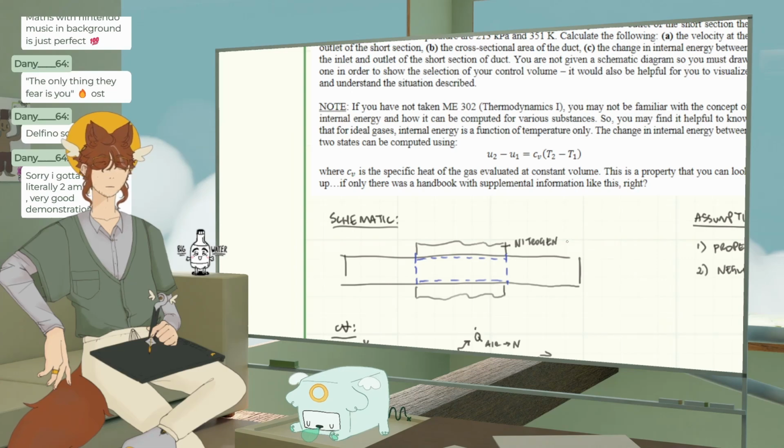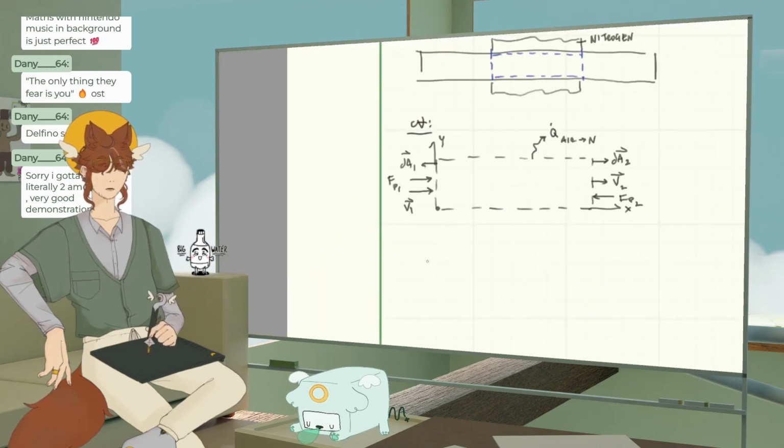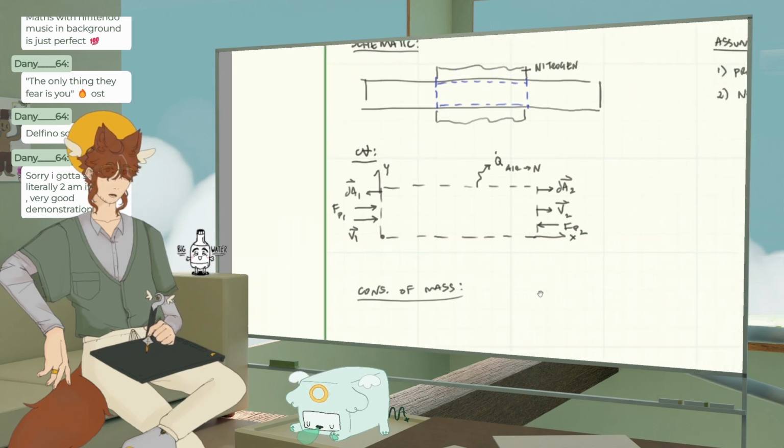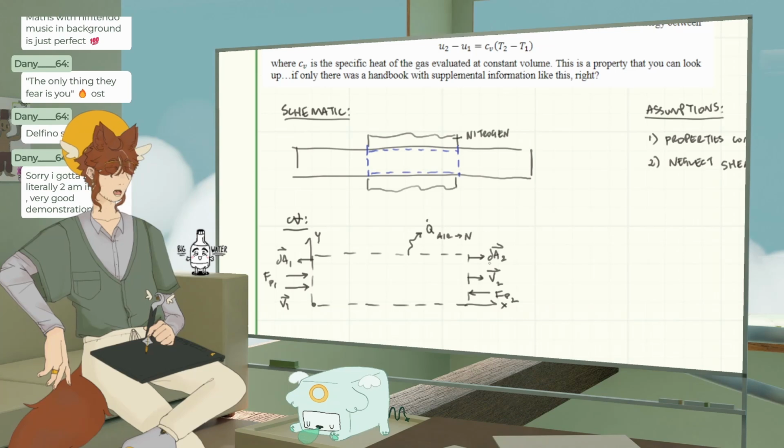Okay, we need to do conservation of mass first. Let's not waste any more time. Kidding, it's not a waste of time. Okay, it's steady flow, but it's not steady state, is what I think we need to say.